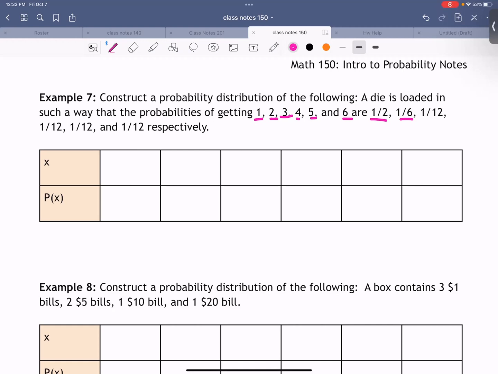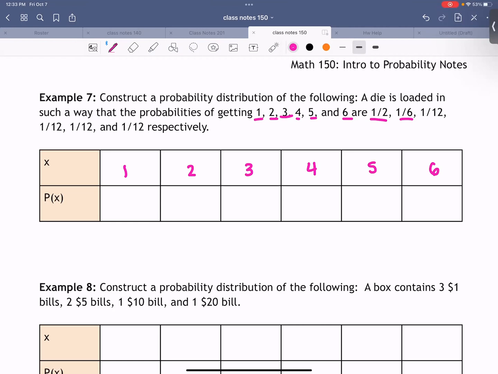But I digress. So when we construct this probability distribution, what do you think the X values, or the outcomes, are going to be on top, and what values are they going to be? Yeah, 1 through 6, right? Because that's where the actual outcomes are going to go. 1, 2, 3, 4, 5, and 6.